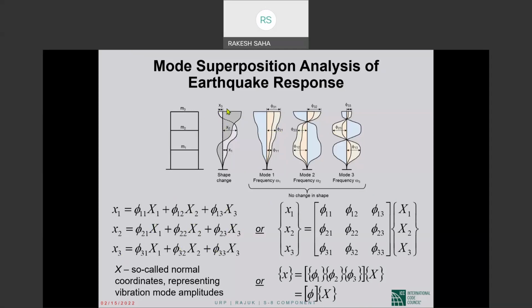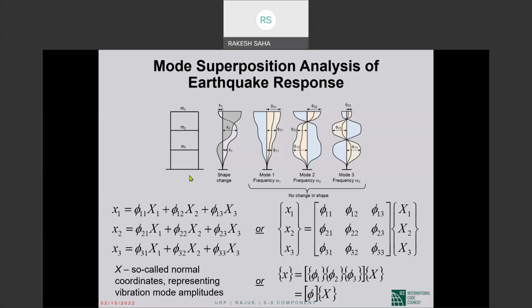Similarly, x3 can be expressed as phi 31 times X1, phi 32 times X2 plus phi 33 times X3. So that is an important way of looking at how a multi-degree of freedom system deforms.